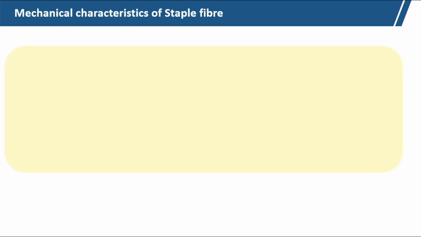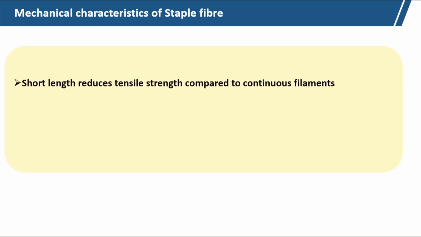Mechanical characteristics: the short length reduces the tensile strength compared to continuous filament. So, due to the shorter length, the yarn strength will be lower than the continuous filament because of various factors like fiber to fiber friction and fiber alignment towards the axis.